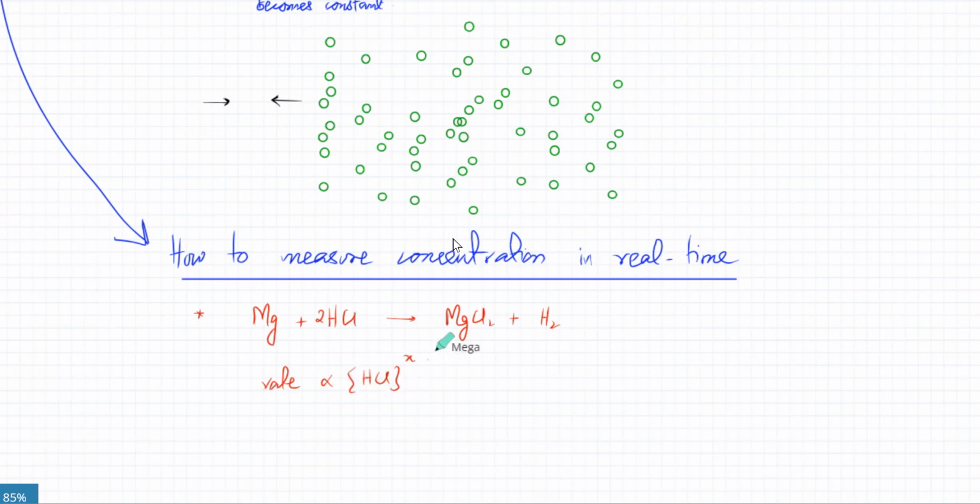You look at the shape of the graph. You'll measure the concentration of HCl with respect to time. The shape of the graph would give you the order. If it's order 0, that would be a straight line. If it's order 1, then you'll have a constant half-life. If it's order 2, so this is what you're going to plot: HCl concentration with respect to time.